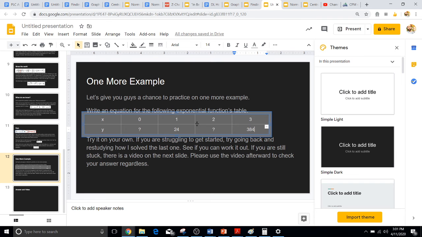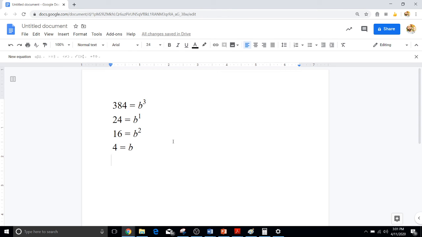If we take a look at this, we're going to have to create a new equation where our x and y are plugged in along with our b. We know that our b term is 4.